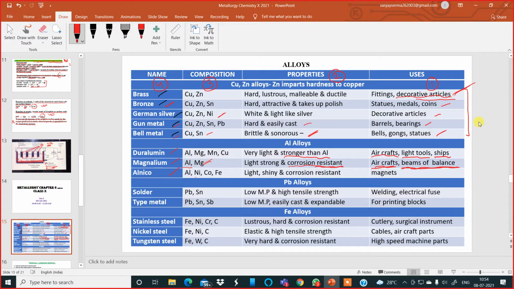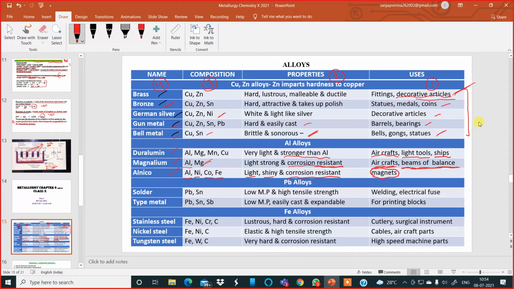Then the next alloy of aluminium is Alnico. Aluminium, nickel, cobalt, iron. It is light, it is shiny, it is corrosion resistant. It is used to make magnets. Very, very important. This question has been asked.